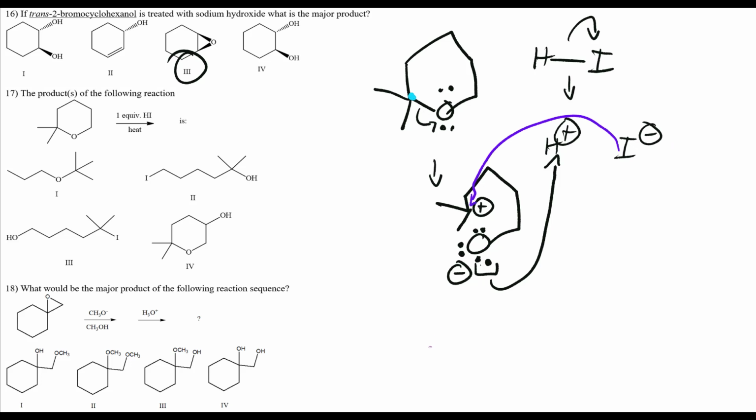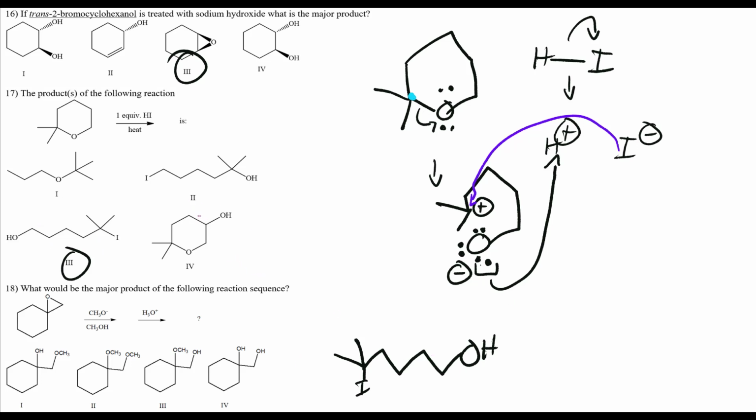Okay, thus we will have something like this, an iodine, then carbons 1, 2, 3, 4, and then an alcohol right there. So let's see, what's your answer choice? So it would be 3, right? So 1, 2, 3, 4, 1, 2, 3, 4. Yep, it looks pretty good actually.